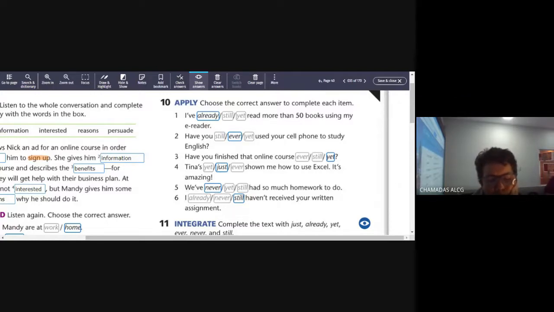Use your phone to study English. I used to slaps to manage on the state class. I even used them a lot.